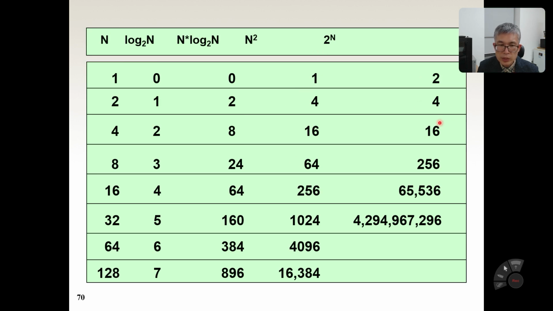If n is 32, 2 to the power n is a significantly big number. That's why we try to come up with a linear time algorithm, over a logarithmic one, over n log n, which is still good. N squared is reasonable, but 2 to the power n is the worst case algorithm.